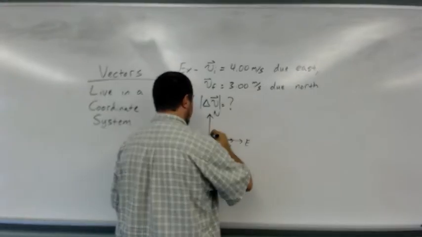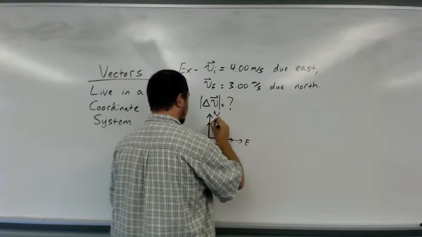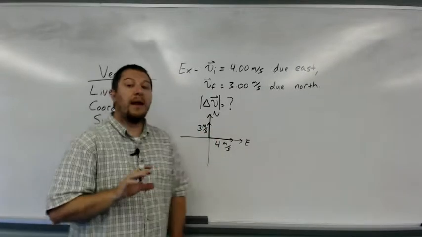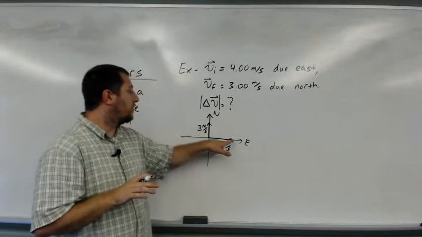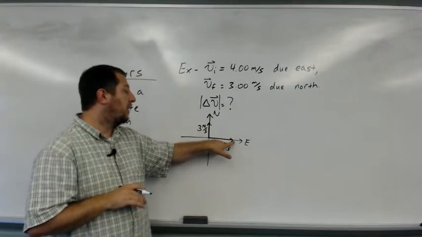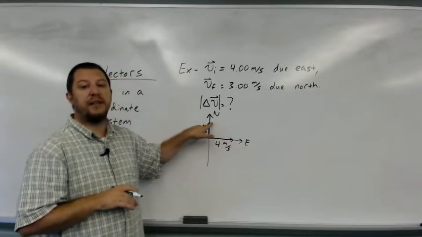And it's going to look something like this. Okay? And now, here's the trick. Draw another vector from the tip of your first vector toward the tip of your second vector.